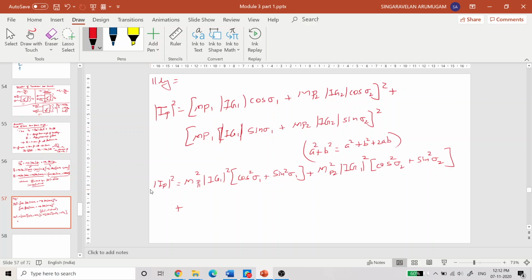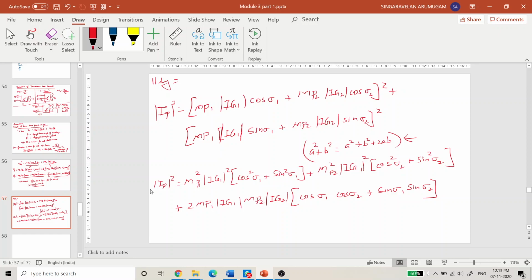So 2AB is nothing but 2 into MP1 Ig1 and then MP2 Ig2 and then cos delta 1 cos delta 2 plus sin delta 1 sin delta 2. So in this form this equation is converted.